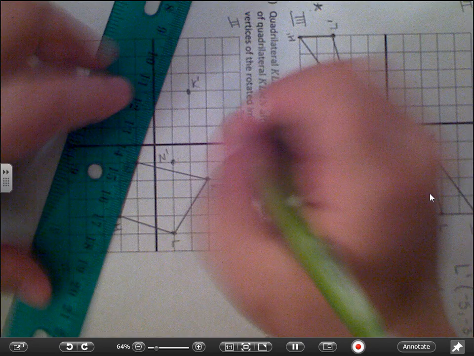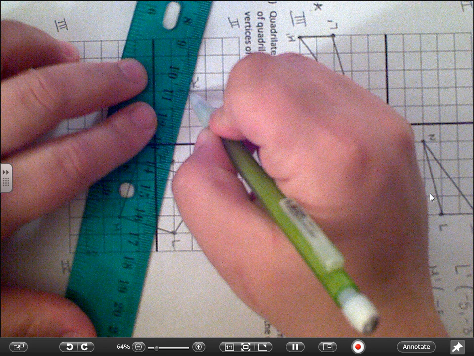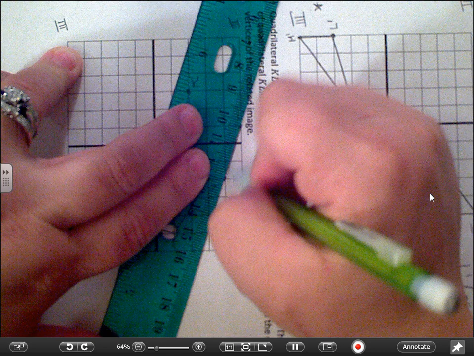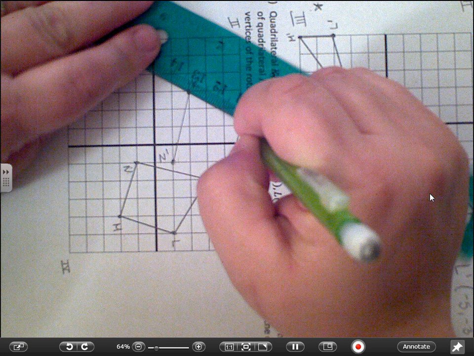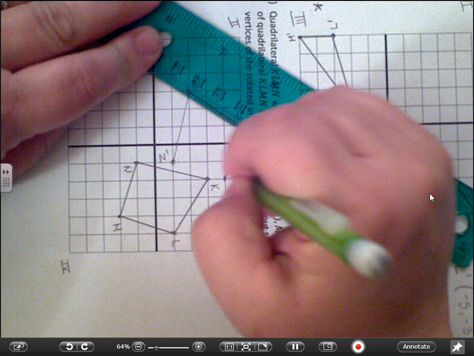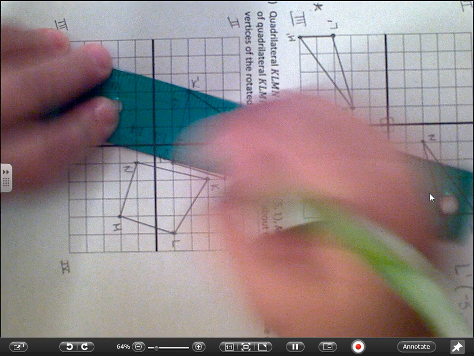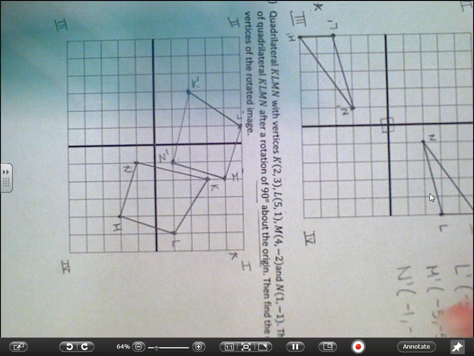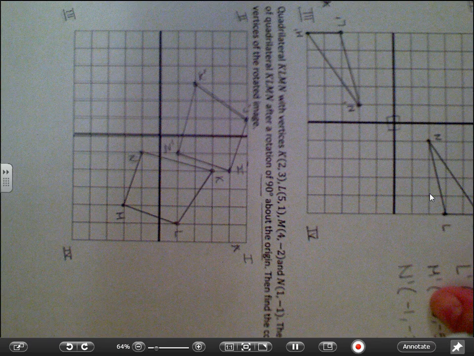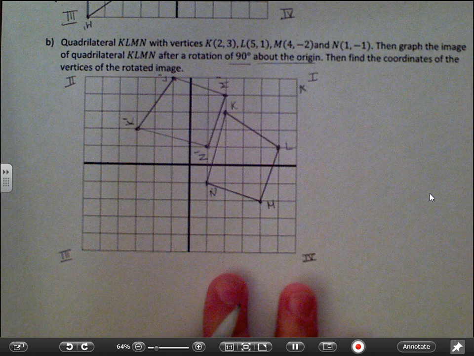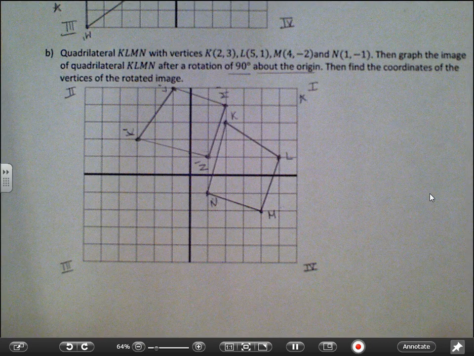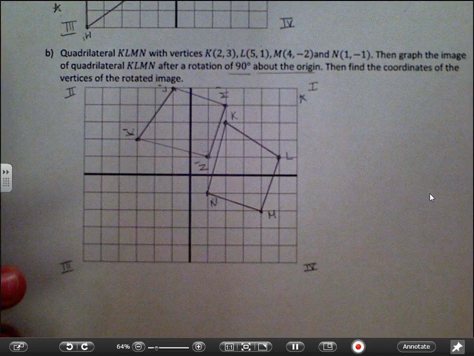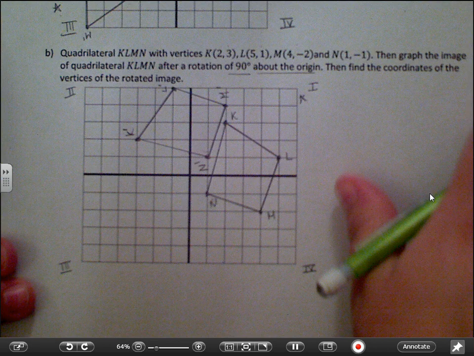Connect those points, and rotate your paper so that it is right side up. The quadrilaterals may look a little different and a little skewed, but they are the same quadrilateral.